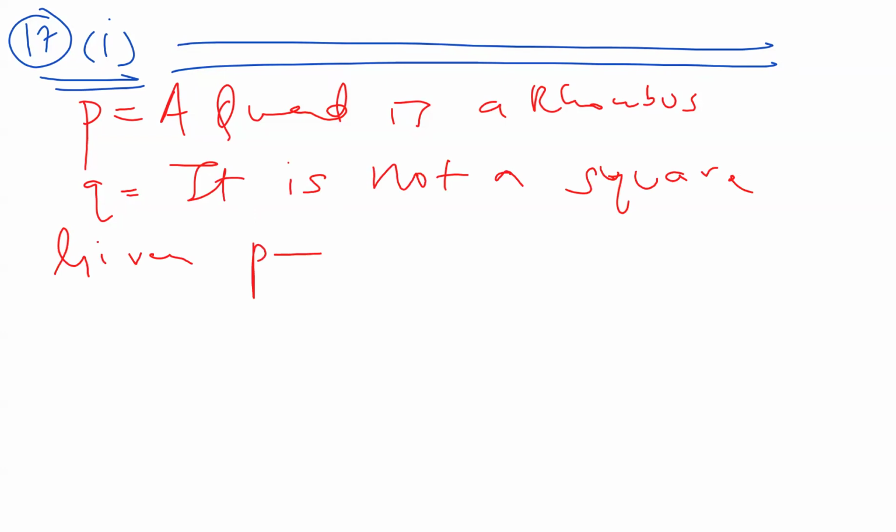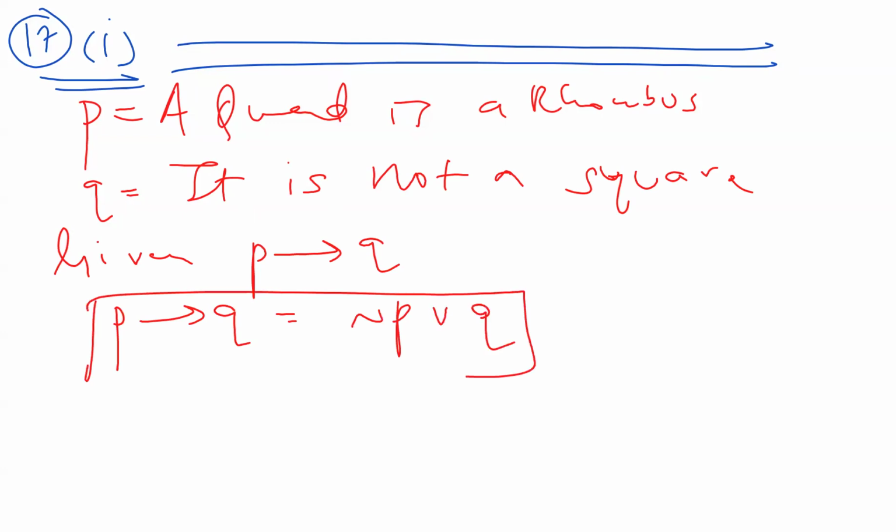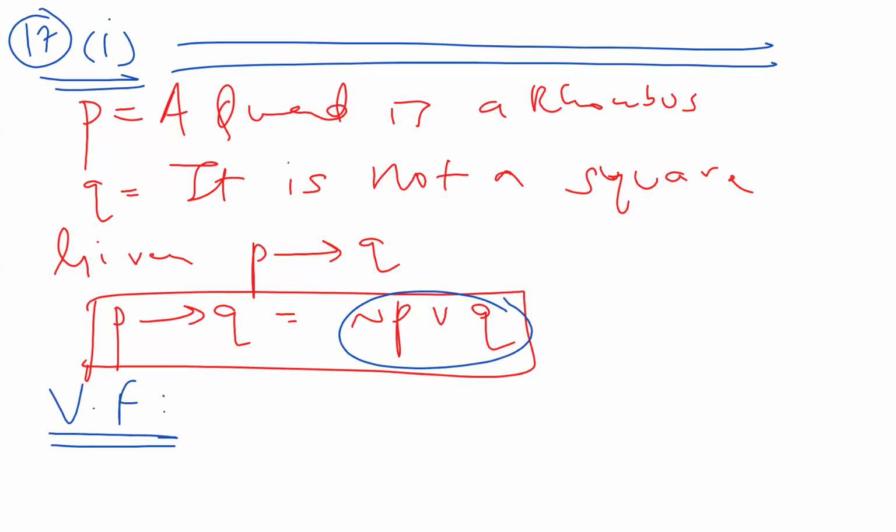So given P implication Q, P implication Q is negation P or Q. Now we need to focus on this verbal form. Come on, tell me. A quadrilateral is not a rhombus or it is not a square. Good.